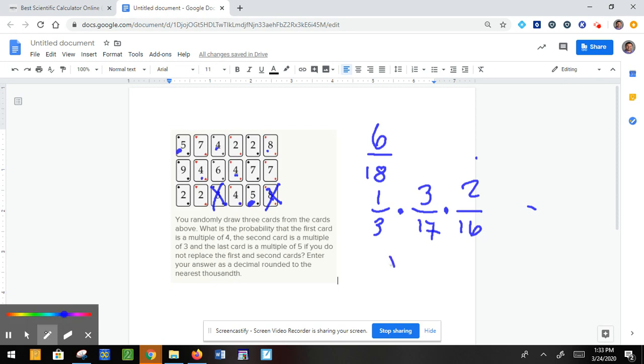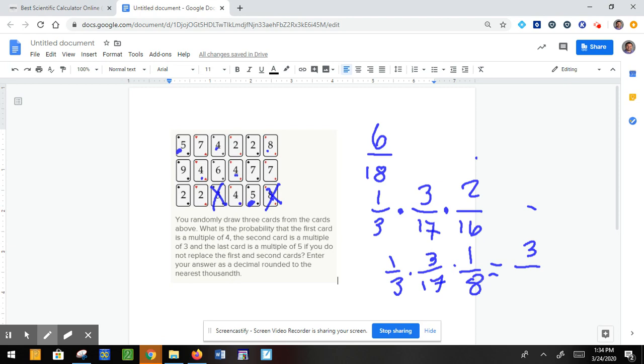So really you've got 1 over 3 times 3 over 17 times 1 over 8. All right. So when you multiply across the top, you get 1 times 3 times 1 is 3. And then when you multiply across the bottom, 3 times 17 times 8, you're going to get 408.